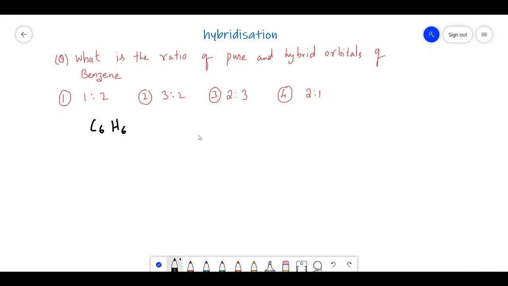So this is the structure of benzene: you have CH, CH, CH, CH, CH, CH, and we have alternate pi bonds.